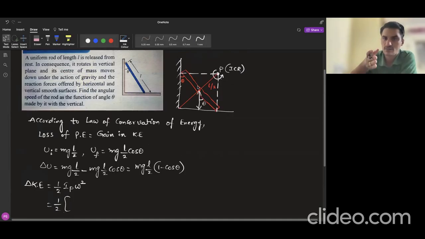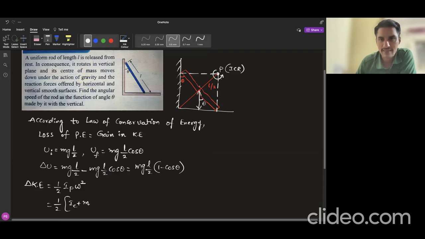One axis is passing through the center of mass of the total rod and the other axis is passing through that point P. Consider that the moment of inertia about that point P is I naught. So Ip is equal to Ic plus M into R, here L by 2. Am I right or not? What is R here? The distance between the two parallel axes.